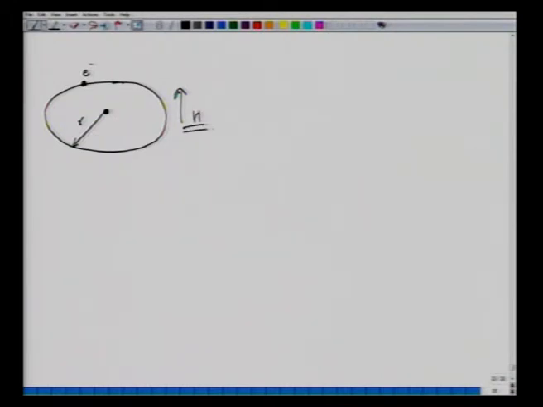Now when you put on a magnetic field, there is something in physics called Faraday's law.